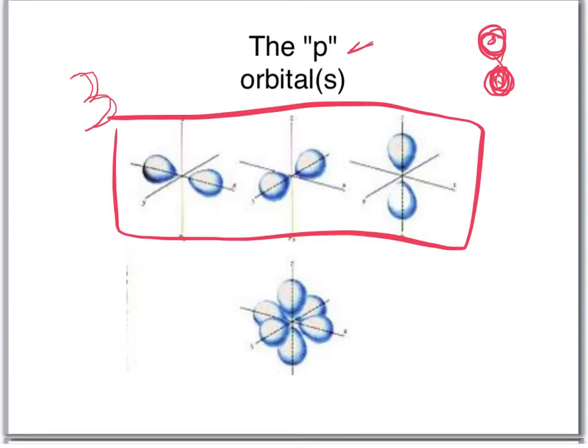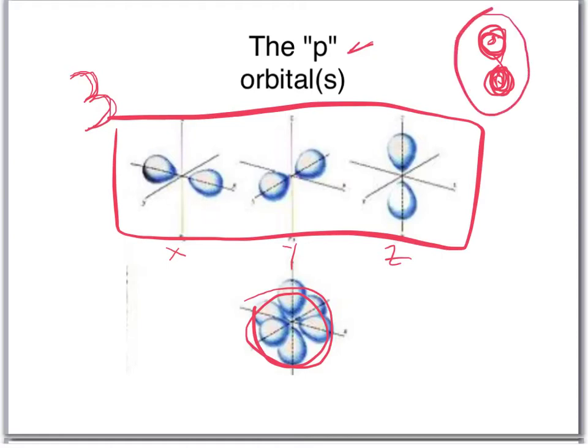One way can be along the x-axis, one way can be along the y-axis, one way can be along the z-axis. You put it all together and it looks like this. But the point I want to make is there are three orientations. This is a more complex shape than the one we just looked at. So we can orient it three different ways on the coordinate axes. So we have three P orbitals. That's why I put an S there. The P shape is dumbbell, but there's three orientations.